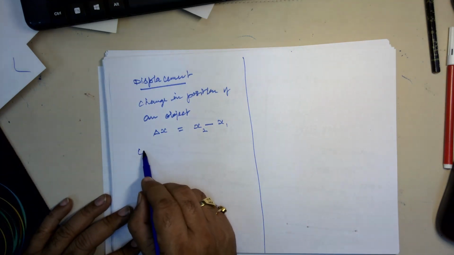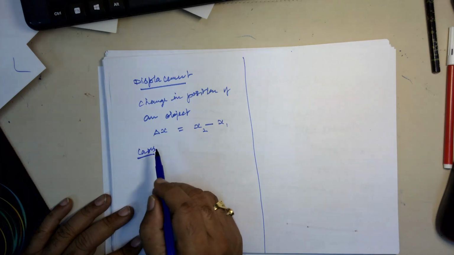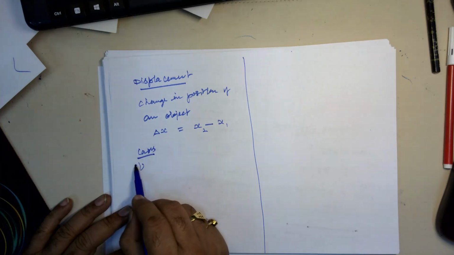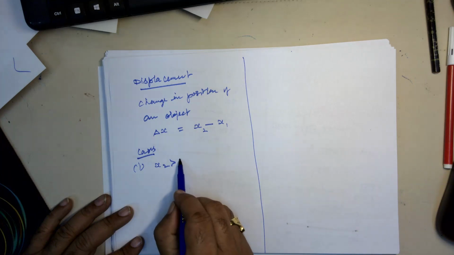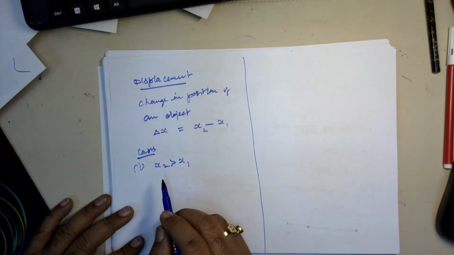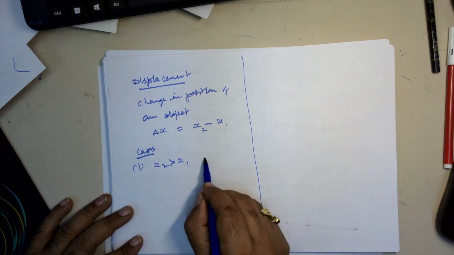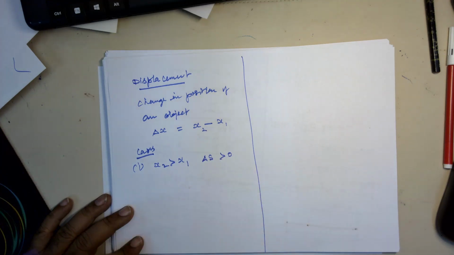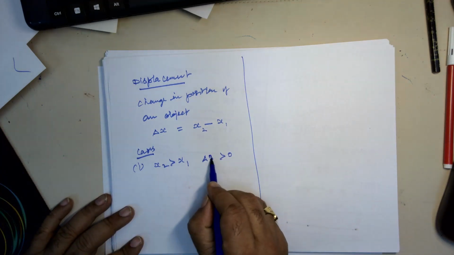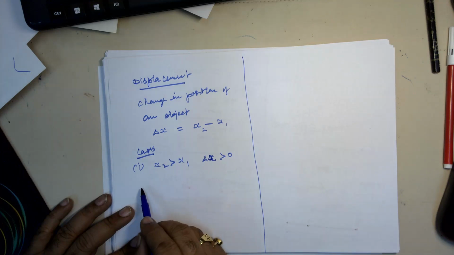There are three cases here. Case 1, if x2 is greater than x1, the displacement is positive, that is greater than 0. Okay, delta x is greater than 0.